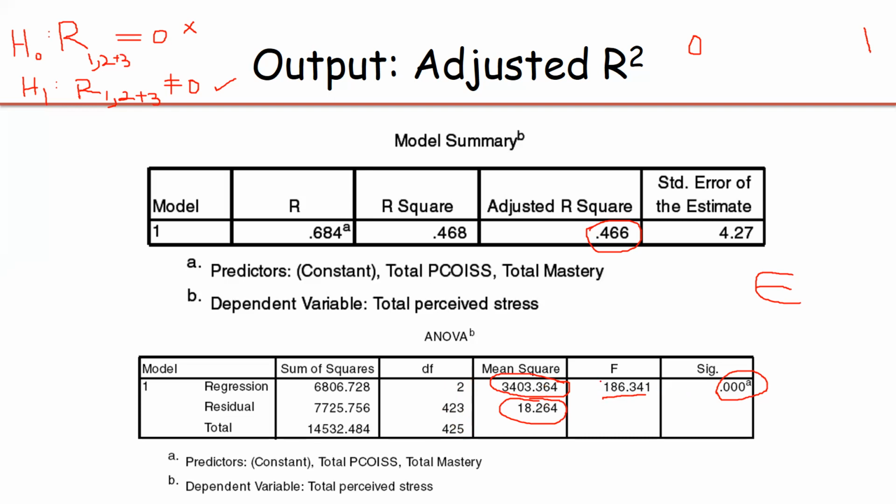If I look up this observed F value in the F table along with these two degrees of freedom, then we get a p-value. If the p-value is less than or equal to alpha, then the null hypothesis of multiple correlation is rejected, and we can say that a significant multiple correlation exists in the model. And multiple correlation means what? It is the correlation between the response variable and the sum of all predictors.